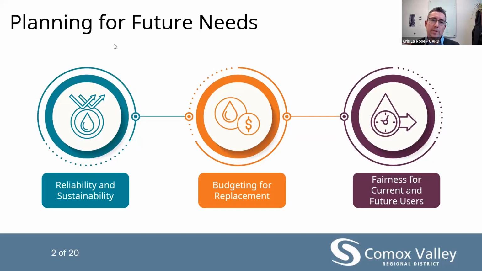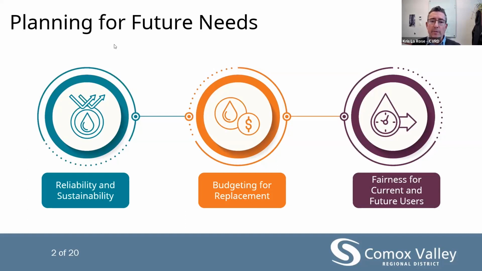Knowing that our water systems are aging, it's important that we budget for replacement of them. With almost all water mains needing replacement over the next 10 to 20 years, the CVRD needs to plan and budget to replace them. When we know that there are required replacements coming up, we need to financially prepare now.